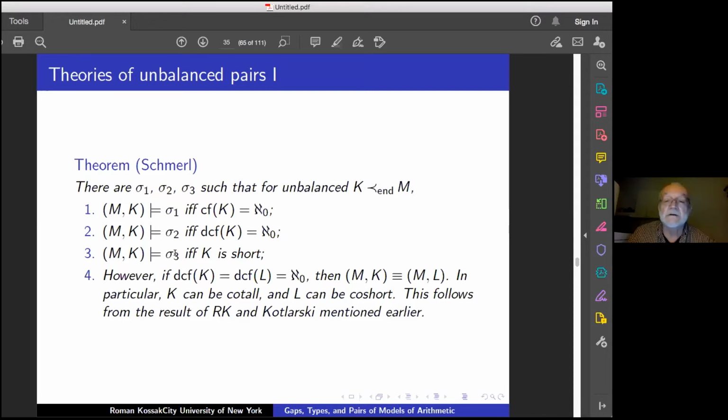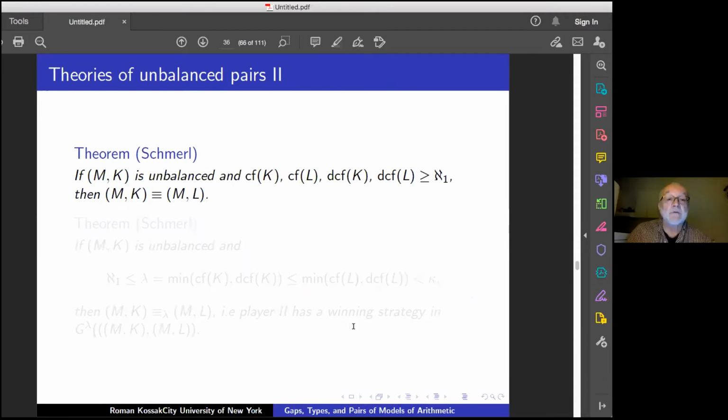But like in the countable recursively desaturated case, there is no analog for the co-short case. In the other direction, if both models have downward cofinality Aleph 0, then they're elementarily equivalent, and it follows by the same arguments that are used in the recursively desaturated case. Well, saturated models are recursively saturated, and all the same arguments apply. So these are the kinds of things that can be recognized by the theory.